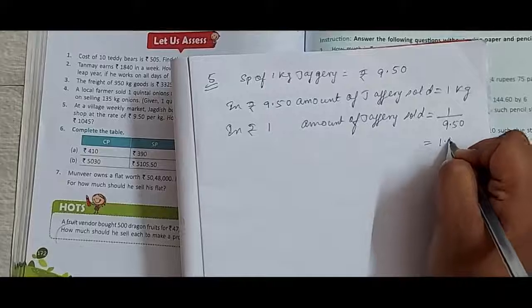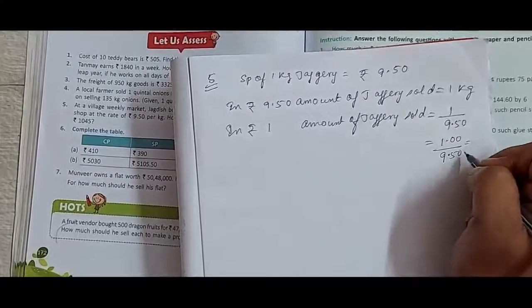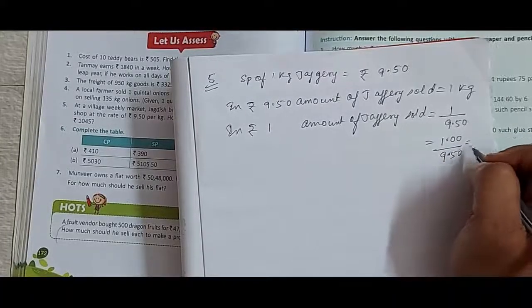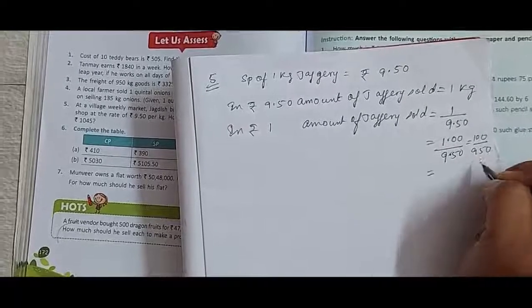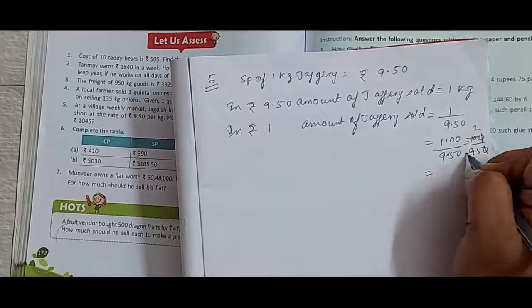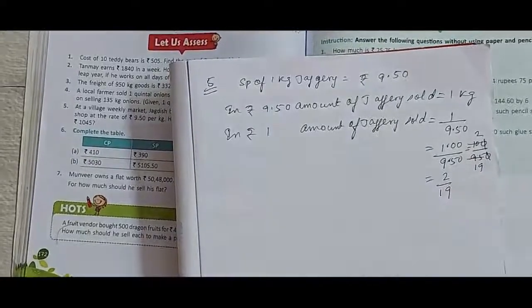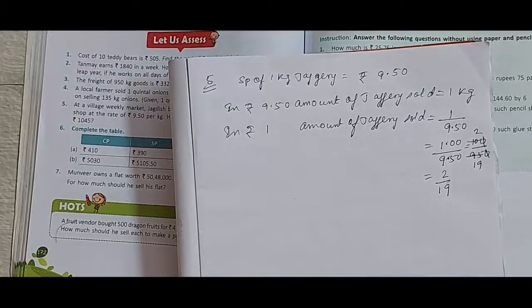That is equal to 1.00 by 9.50, the point and this point went. So it is 100 by 950. Again this is equal to, these 2 zeros went away. So 5 2s are 10 and 5 19s are 95. So 2 by 19 is the amount of jaggery sold on rupees 1.